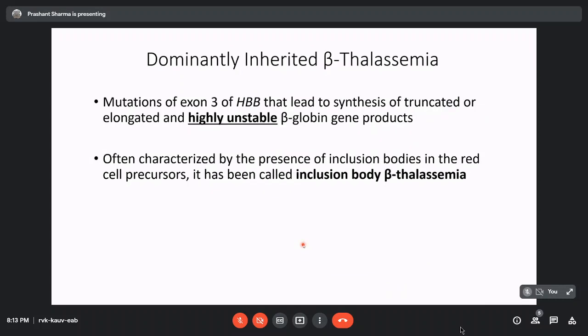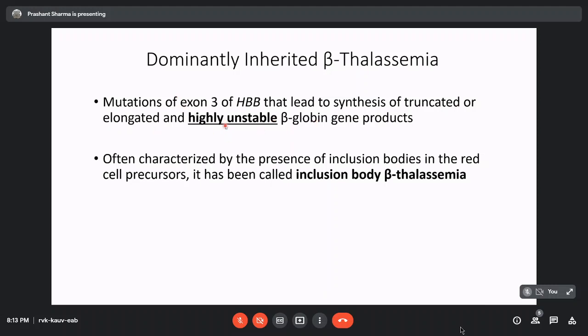And then there is a special group which are not inherited autosomal recessively, unlike the overwhelming majority of thalassemias, but are dominantly inherited. So what happens here is that the mutation happens really far down the gene in exon 3, and this leads to the synthesis of truncated or elongated but highly unstable beta globin gene products.